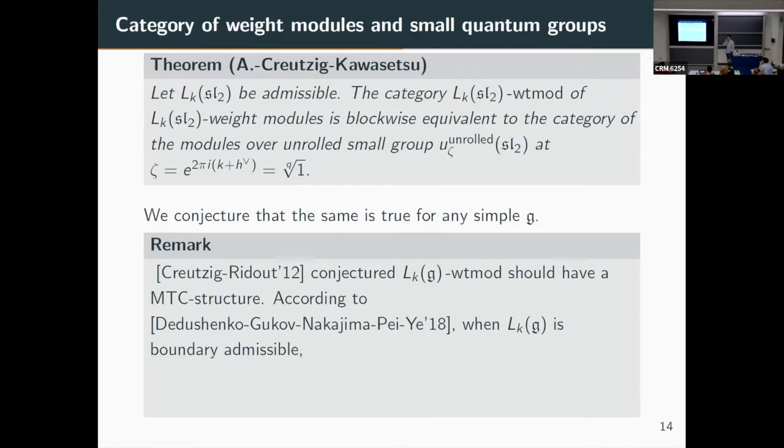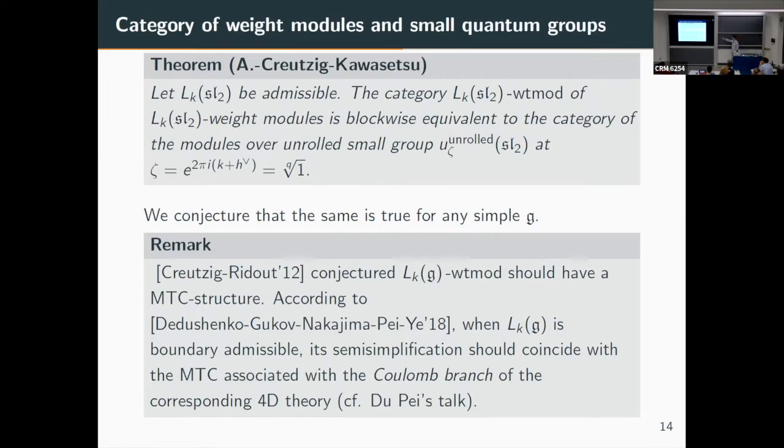when this admissible representation comes from 4D theory, then the semi-simplification of this modular tensor category, which has infinitely many simple objects, so this is quite a wide modular tensor category. But if you consider the semi-simplification by quotienting out negligible modules, then it should become a nice modular tensor category, and it should coincide with the modular tensor category associated with the Coulomb branch, which is another branch of the 4D theory.